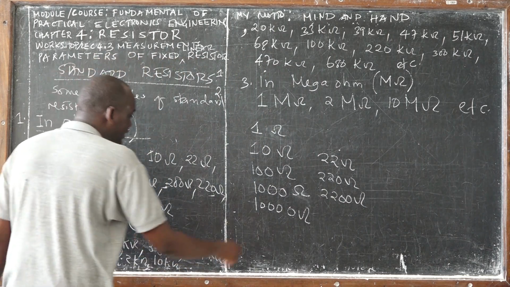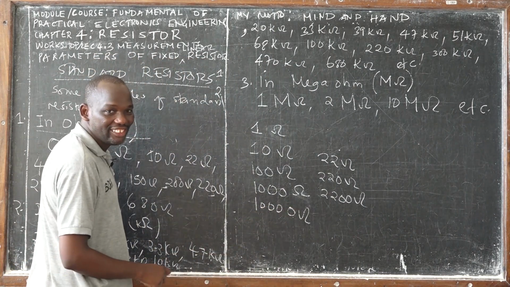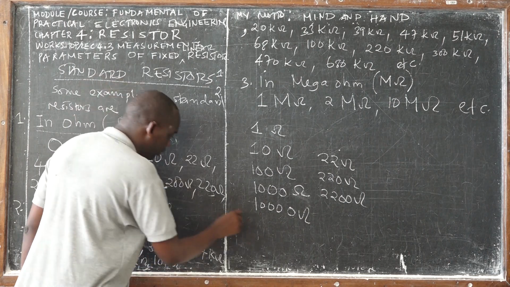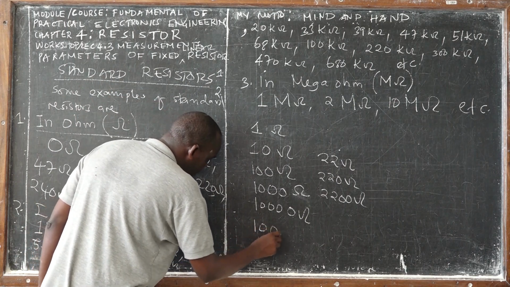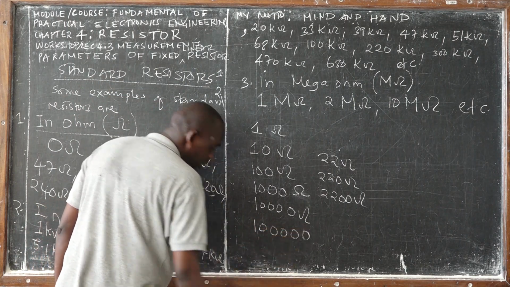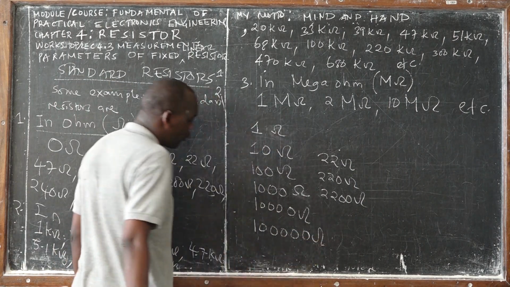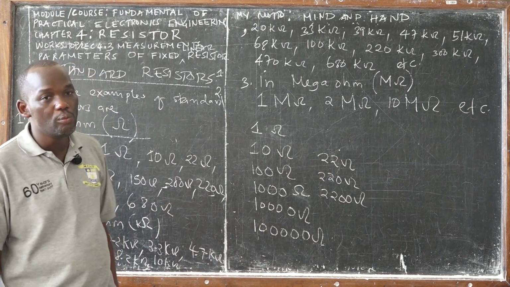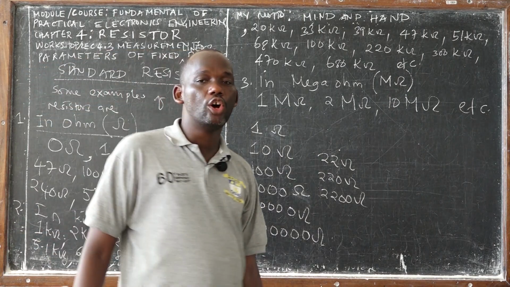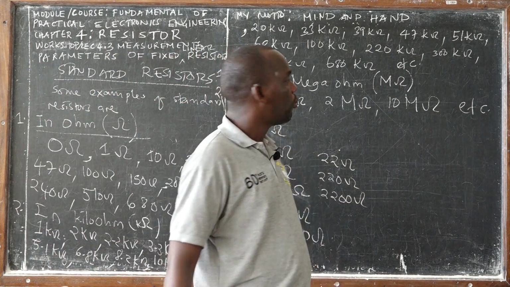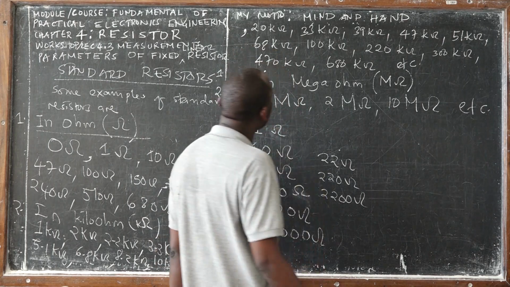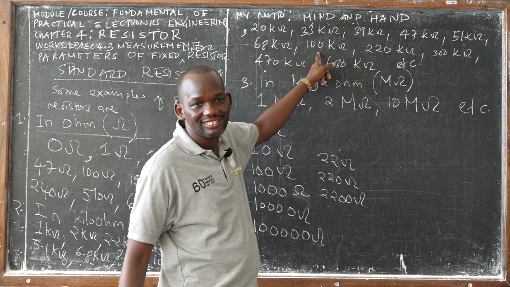Then we add another 0. So you have 1, 0, 0, 0, 0, 0. Then we put ohm. 100,000 ohm is equal to how many kilo ohm? 100 kilo ohm. Where is 100 kilo ohm? This one.